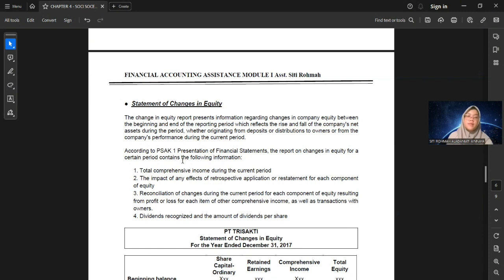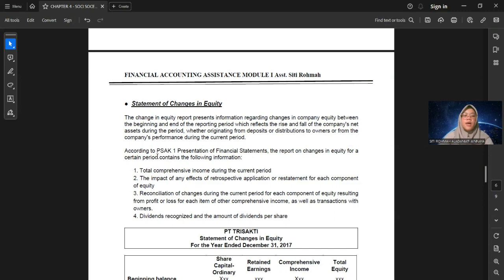The definition is that the change in equity report presents information regarding change in the company's equity between the beginning and end of the reporting period, which reflects the rise and fall of the company's net assets during the period, whether originating from deposits or distributions to owners or from the company's performance during the current period.